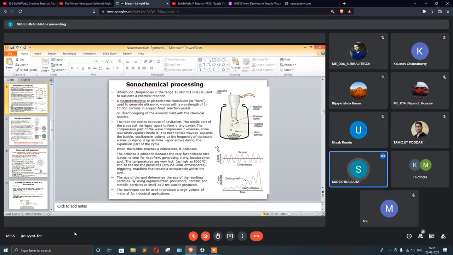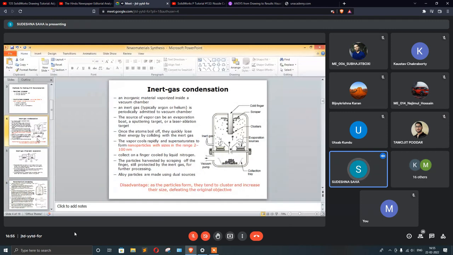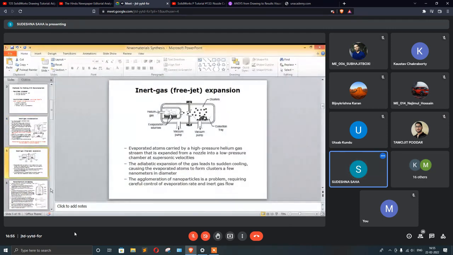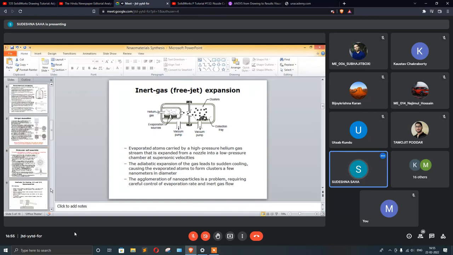There is a trade-off between time and power requirement: this method is more energy sensitive, but the time requirement is much lower compared to other conventional methods. Also, this can be scaled up to industry use, whereas the other methods we have already talked about, inert gas condensation and inert gas expansion, are still not useful for the industry, that is, for bulk nanomaterial preparation.